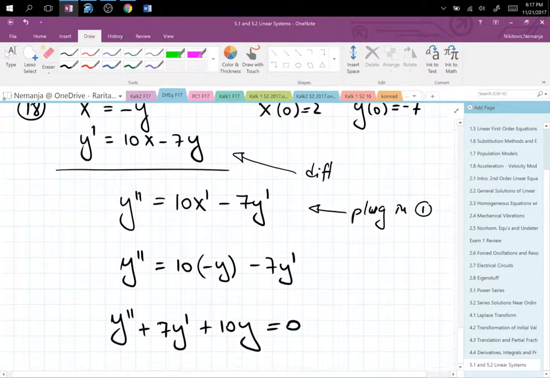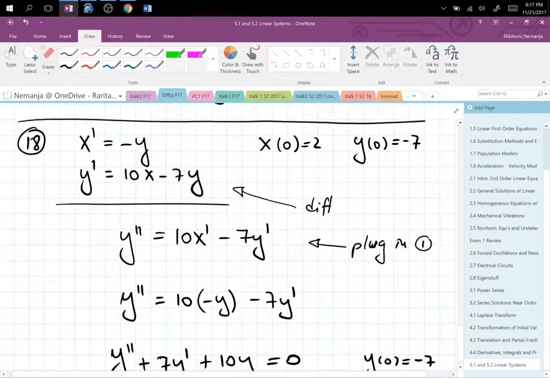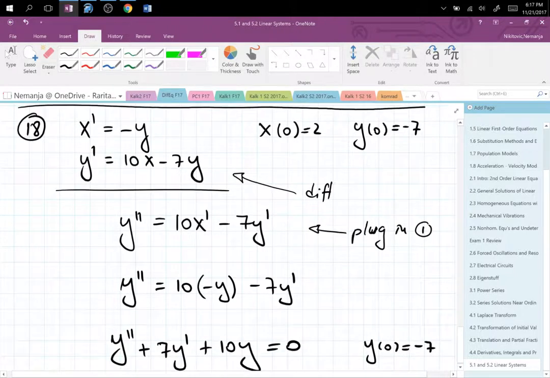Now, clearly, y of 0 equals negative 7 is a good initial condition to keep. But what I don't have is another initial condition over there. So what should I do?